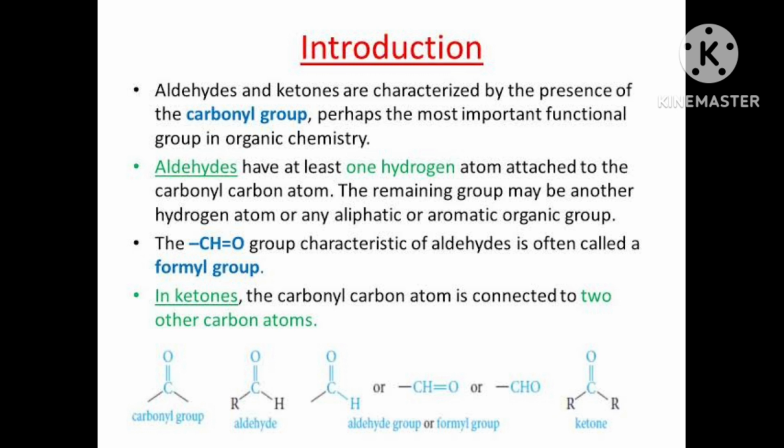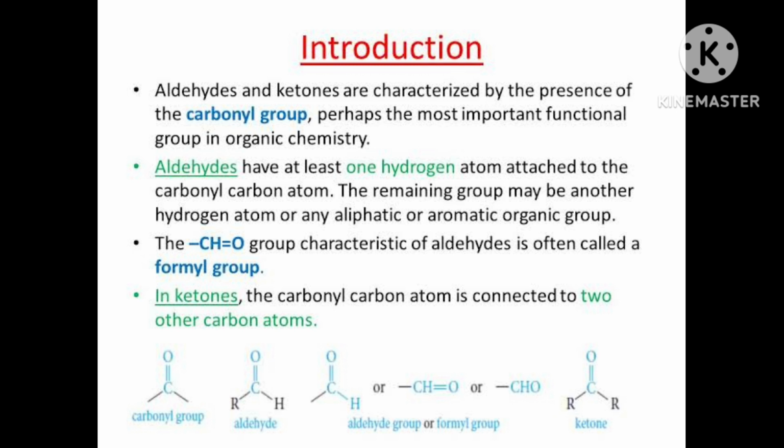CO is in the middle. This is the general formula of carboxylic acid, RCOOH. C is in the middle with a double bond to oxygen, and that carbon is attached to R on one side and OH on the other.